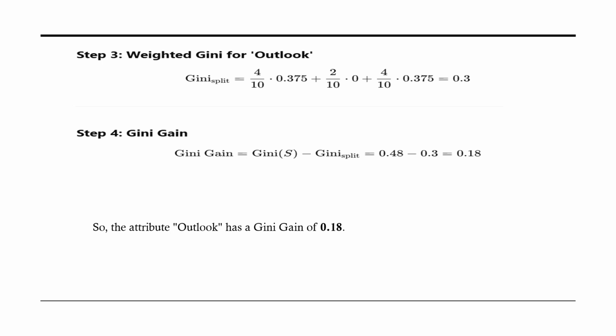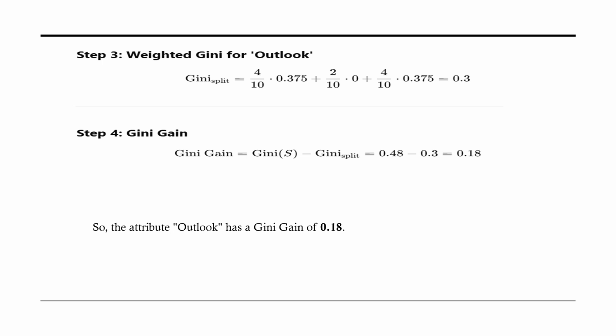So next, step 3 is the weighted Gini for outlook. The weighted Gini value for the outlook is 4 by 10 times 0.37, and substituting the Gini values we calculated for playing tennis, I'm going to get a value of 0.3. Similarly, we are going to calculate the Gini gain.